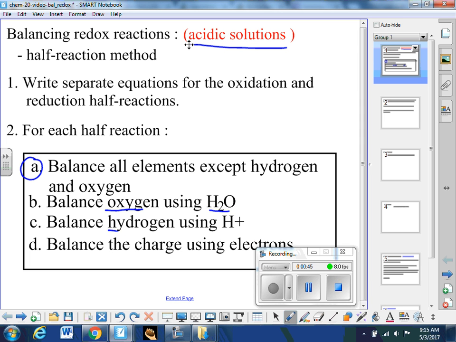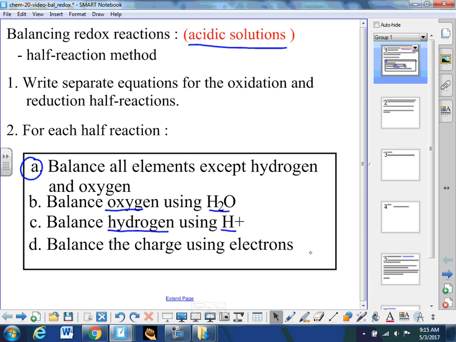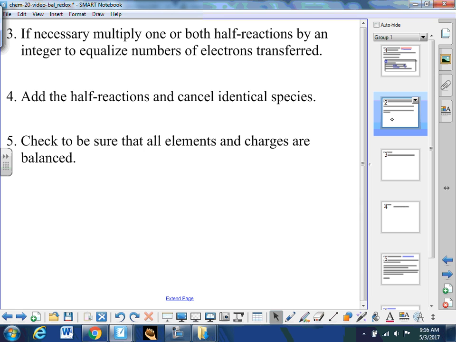Then you balance the hydrogen by adding hydrogen ions to whichever side has fewer hydrogen ions present. And then you have to balance the charge by adding electrons. You add the number of electrons to the side that is more positive, based on how much more positive that side is.